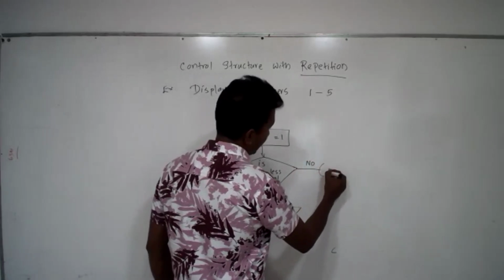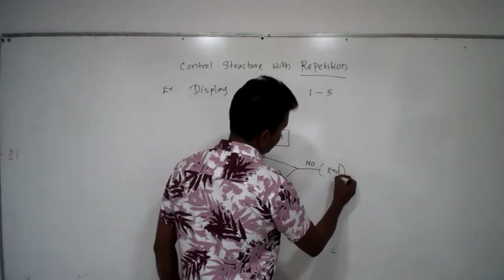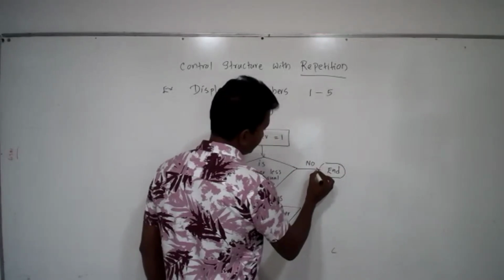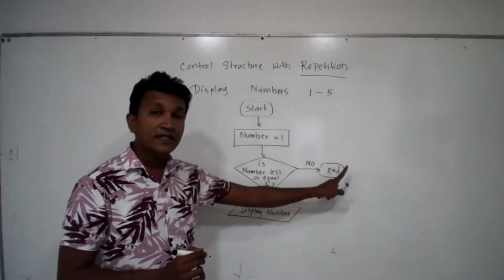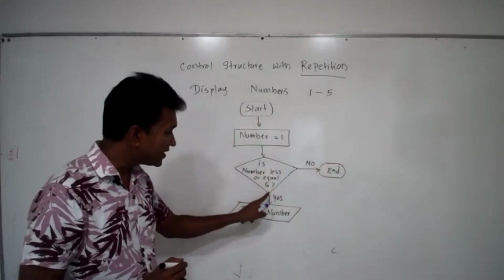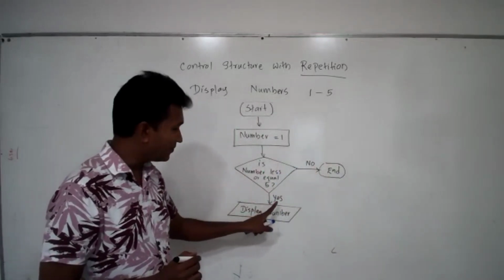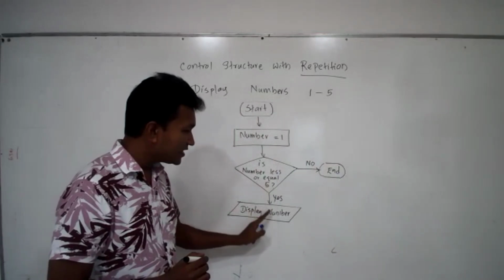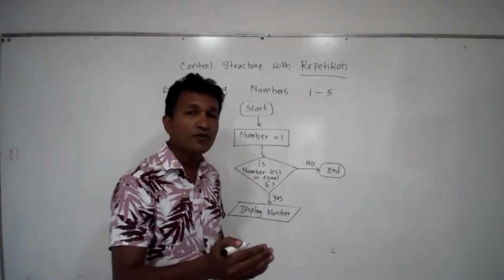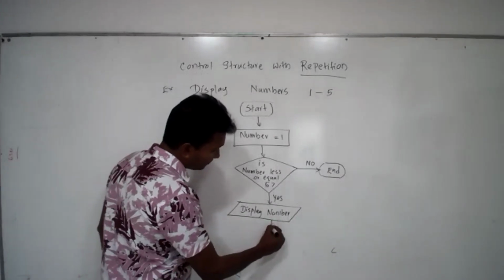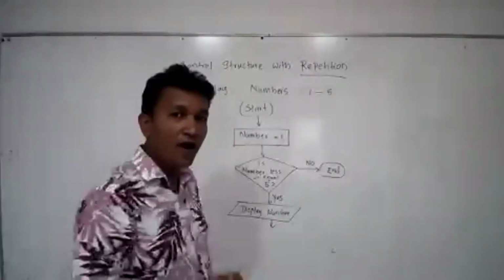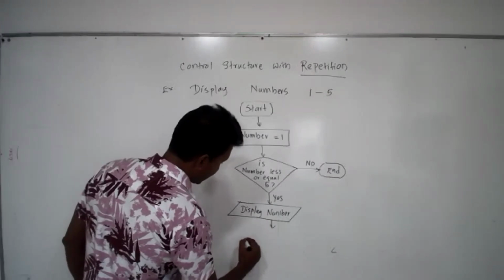That means end of the program. If it is yes, we display the number, and we want to go to another step forward. Therefore, we add 1 to number.